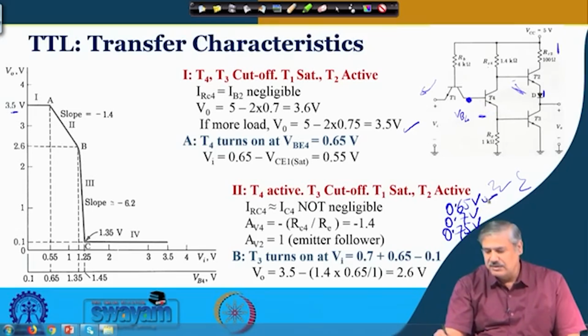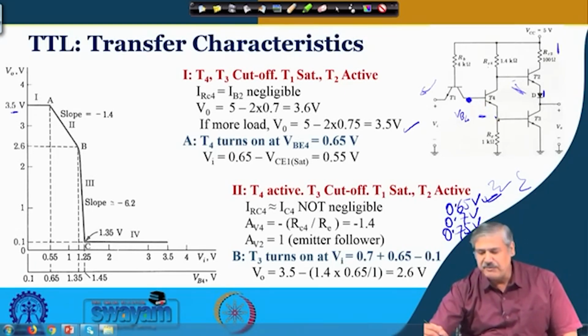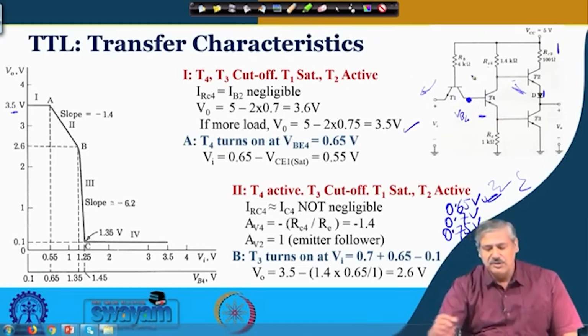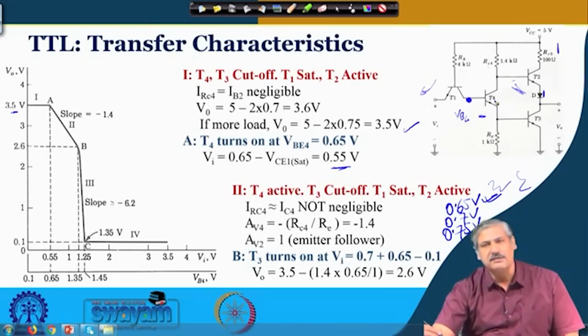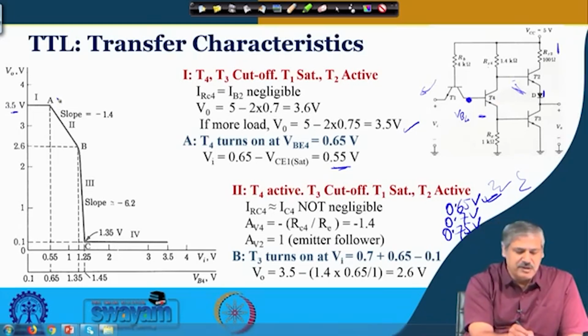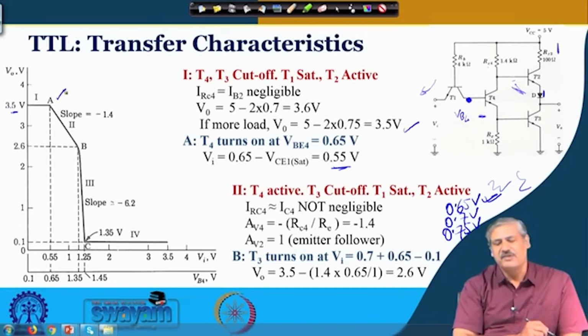At that time it is 0.65 volt, and the collector saturation drop is 0.1 volt. So, at 0.55 volt of Vi, T4 just turns on. This is one breakpoint A that we see in the characteristics, clear.